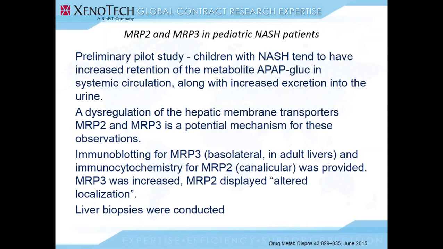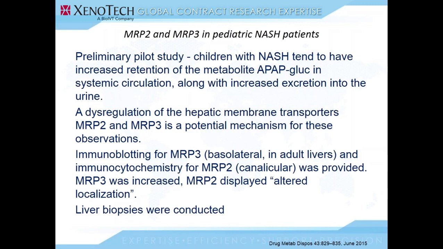There is actually one more study in a pediatric NASH, although it's a preliminary pilot study. Children with NASH tend to have increased level of the acetaminophen glucuronide in systemic circulation, along with increased excretion of this metabolite in the urine. A dysregulation of the hepatic membrane transporters MRP2 and MRP3 is a potential mechanism for these observations, as postulated by the authors.